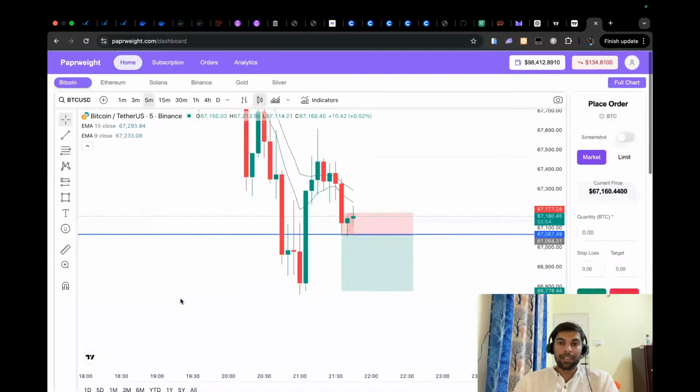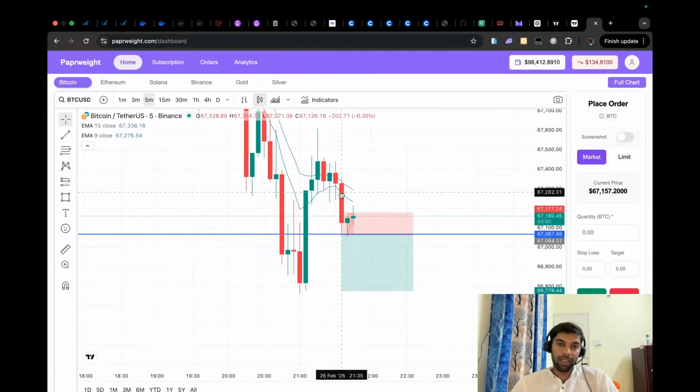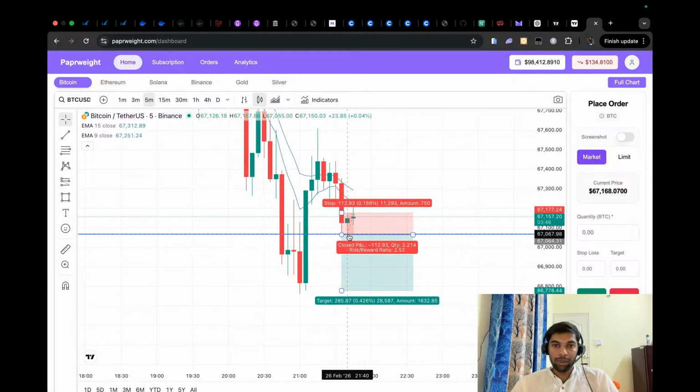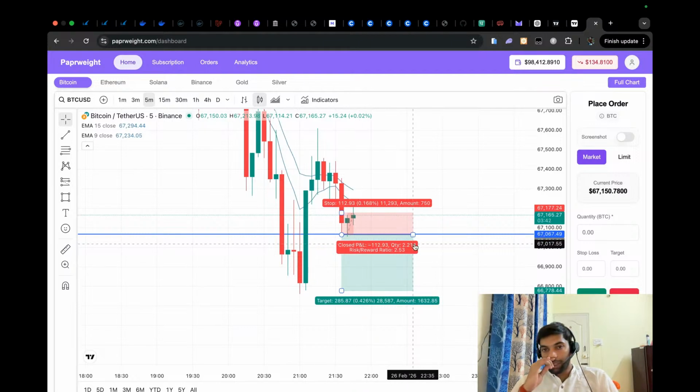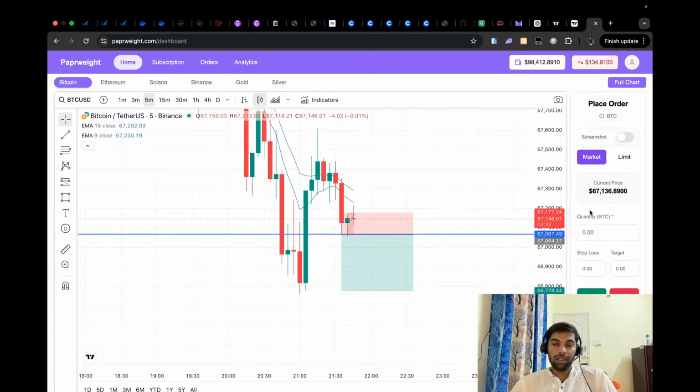So it didn't work out for us. This is the perfect candle to take the risk on, and I tried to take the risk on exactly at this point, just below the candle low, and for some reason it took our stop loss. We will definitely punch our trade again if it crosses this position again.